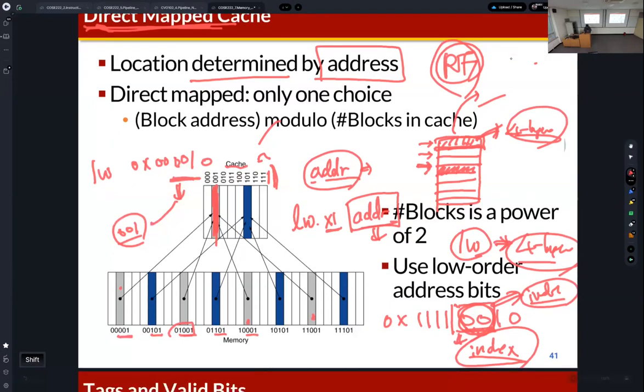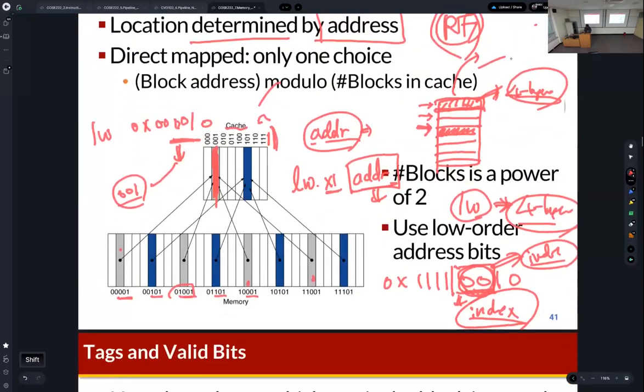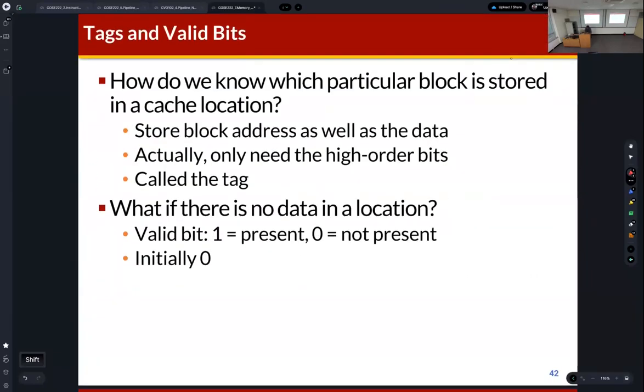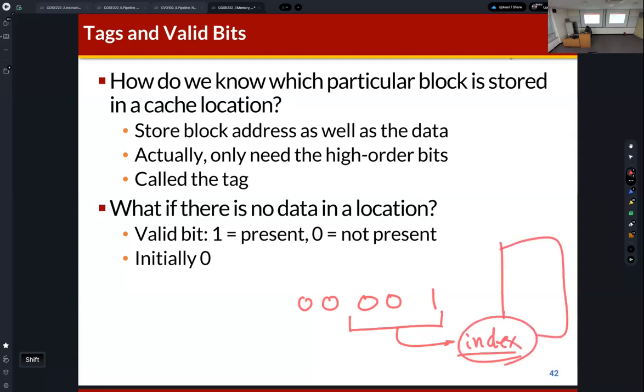So this is the address 00001, and we use the lower 3 bits as the index of the cache. If certain data is at index number 001, then we can know the lower 3 bits of its address, right?